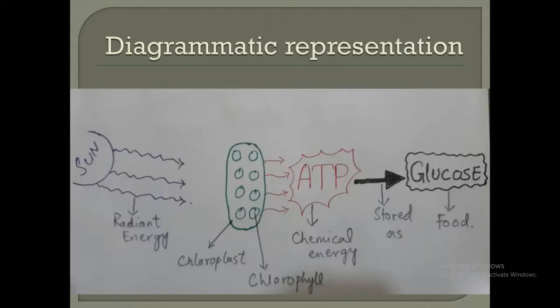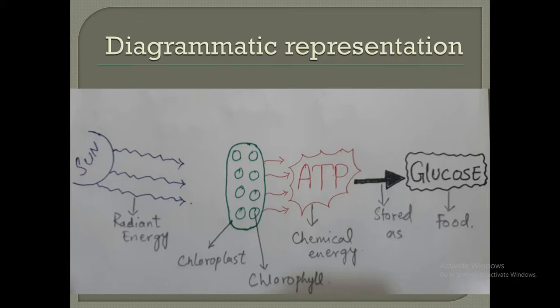Here is the diagrammatic representation of the conversion of energy. From the sun, radiant energy comes, which falls upon the chloroplast in the leaves. Those chloroplasts contain chlorophyll, the green pigment of the leaves, and the chlorophyll helps in the conversion of that radiant energy coming from the sun into the chemical energy, which is ATP.